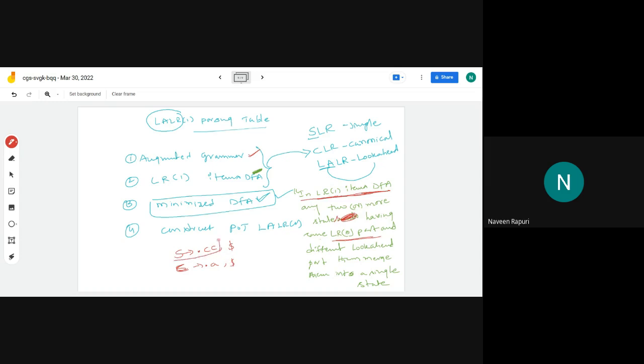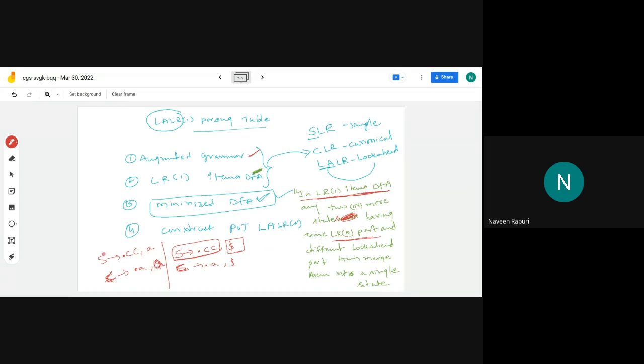This is the LR0 part, and this is the look ahead part. Suppose if you see here, S derives dot CC comma a, C derives dot a comma a.